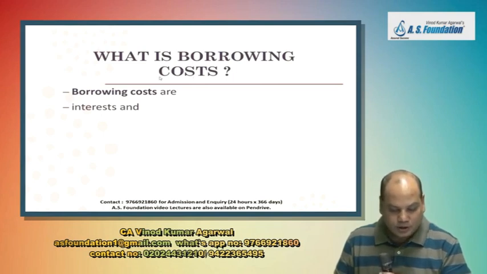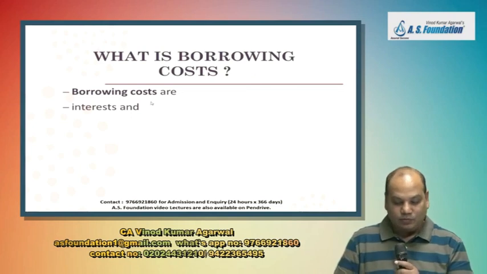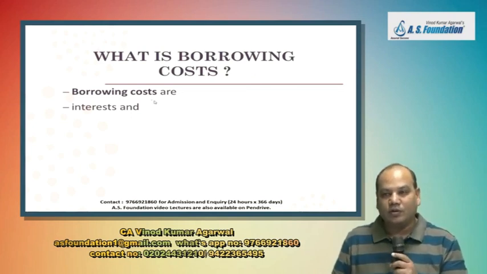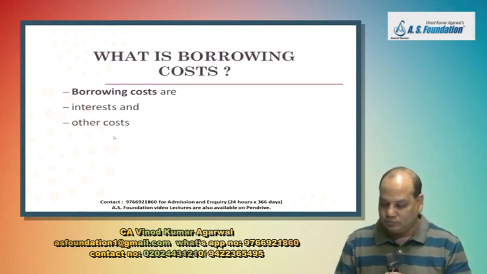After the scope paragraph, now come to the definition part. This standard has 2 definitions only, but both are very important. One is what is borrowing cost, and second, what is a qualifying asset. Borrowing cost means interest and other cost.